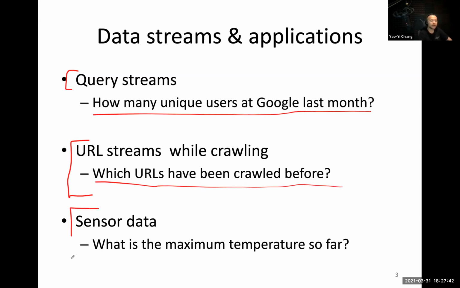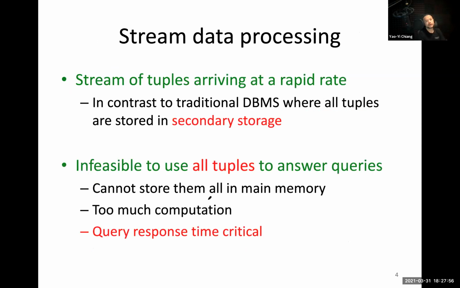Sensor data, say you have a temperature sensor or weather station. You want to ask what's the maximum temperature so far, or what's the maximum temperature today, right? So these are queries on streaming data. For streaming data processing, we assume that the stream of tuples, your data points, will be arriving at a really rapid rate.